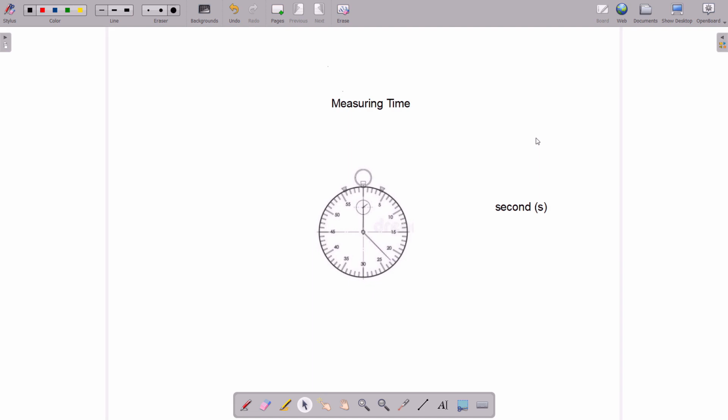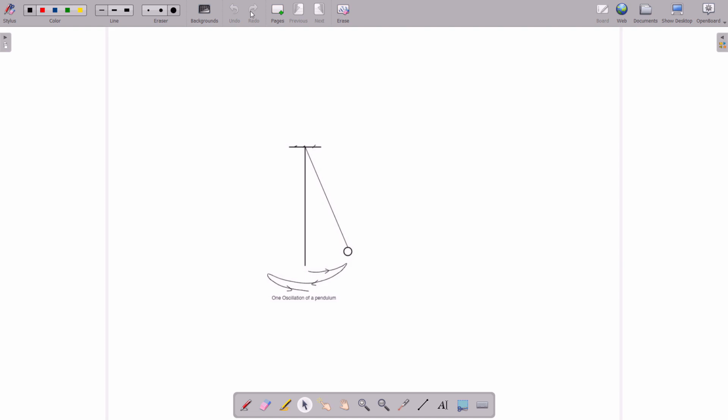Talking about repeating experiments to ensure that we get an accurate reading, let us briefly talk about the simple pendulum. The simple pendulum consists of a string and a small mass. Usually we'll have the string and mass resting vertically. The time for one complete cycle, a left swing and a right swing, is called a period.